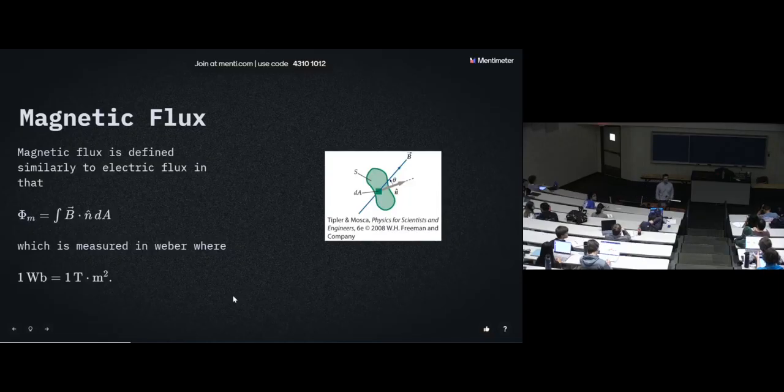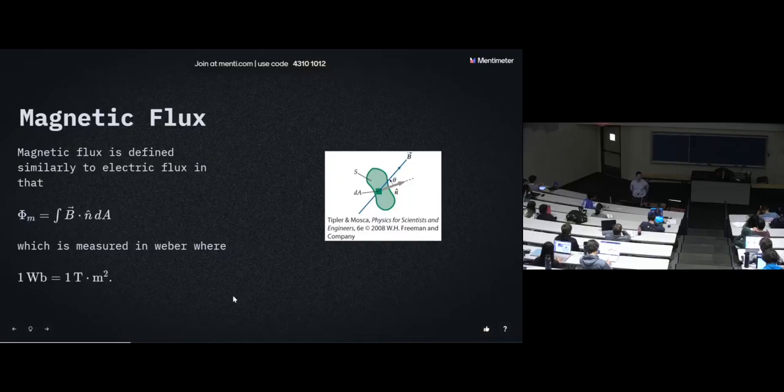Magnetic flux. A Weber is a measure of magnetic flux. How much magnetic field goes through some area? So if I have a hula hoop out here in the classroom and I integrate the magnetic field strength that goes through that hoop, then that would be my flux measured in Weber.